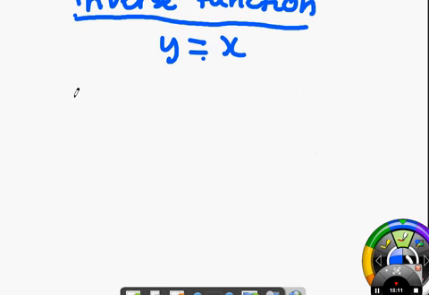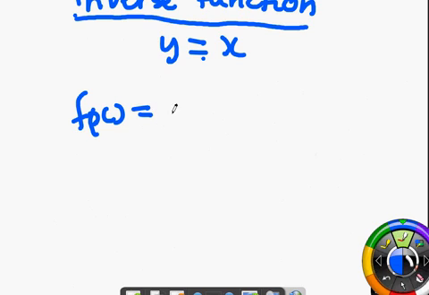So if we had our function f of x is equal to 2x minus 6, the inverse function, or the reflection on y is equal to x, this is a reflection.